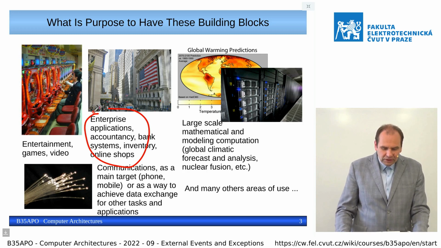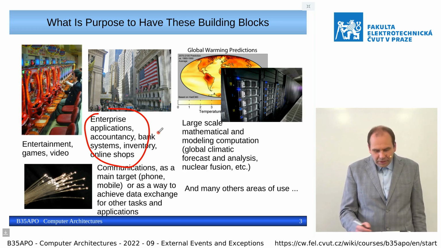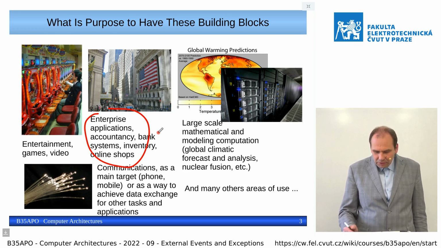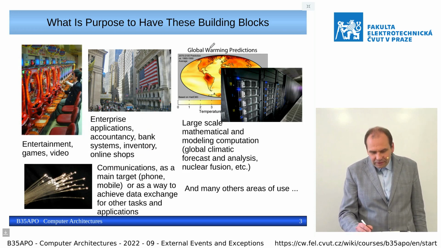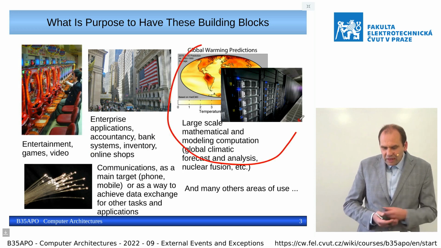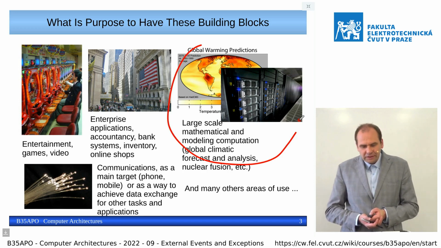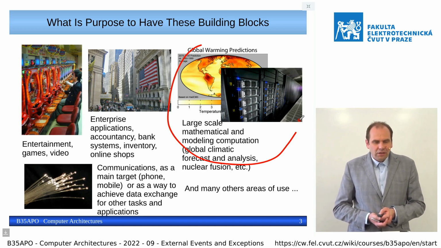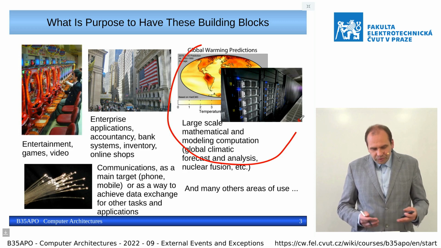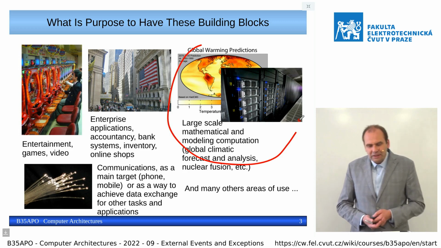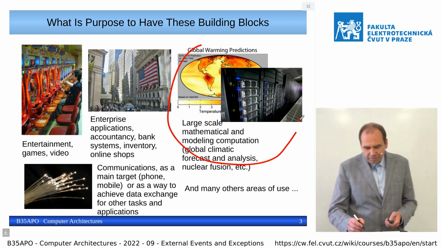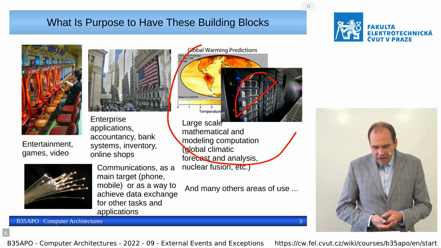There you need a relatively big computer system, bank systems, and enterprise customer relationship databases and so on. And then we have a little different area which needs large-scale mathematical computation like global warming prediction or weather forecast or nuclear fusion and other modeling. So these are big systems with high computational power.